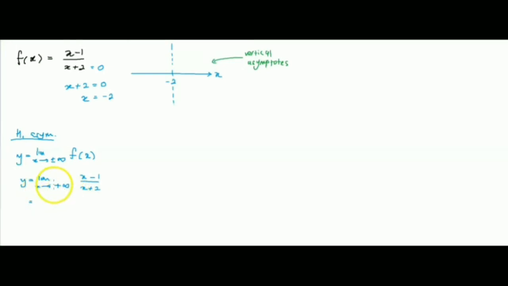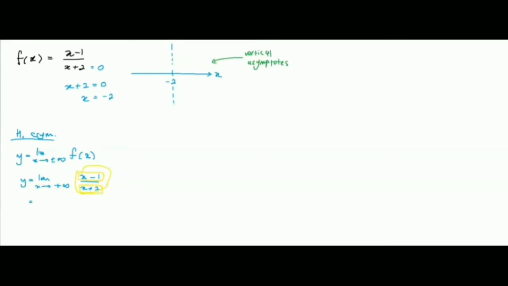So the next step is, since x is approaching positive infinity, this rational function will be divided by x. What I mean is, this numerator will be divided by x, this denominator also will be divided by x.